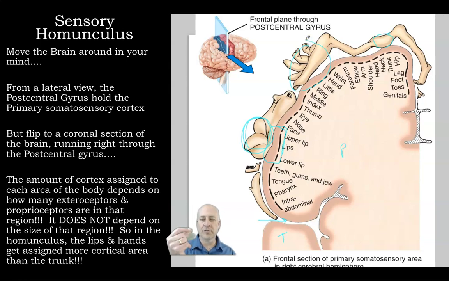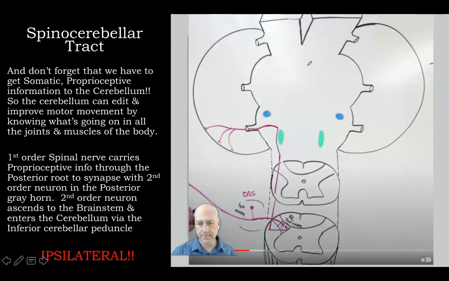Fine motor skills, what separates us from an alligator, right? That ability to make intricate, exquisite little movements. You need so many receptors and proprioceptive information and touch and discriminative feel in your fingers to make those incredible fine motor movements. So look at the area of the homunculus dedicated to receiving from your fingers. Hopefully that will make sense looking at that sensory homunculus.